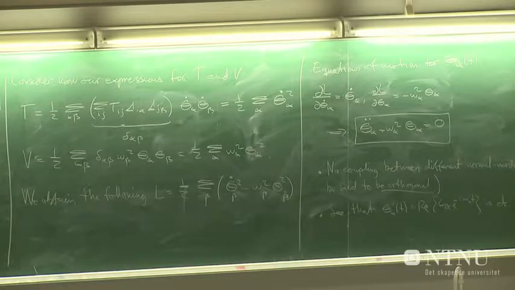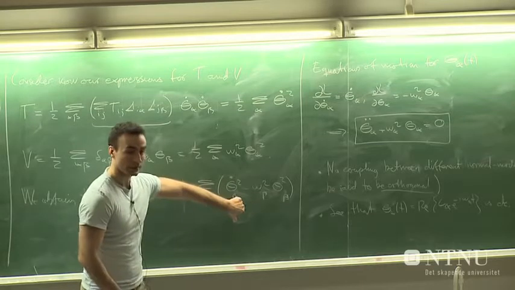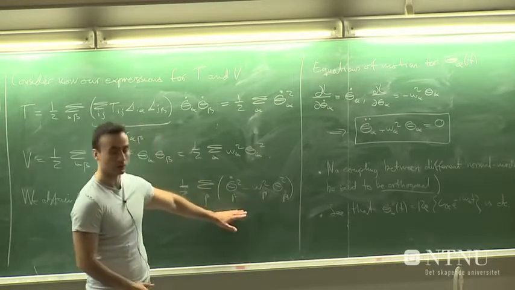And we'll have a look at an example of this in a little while. So in some cases, it might be a bit tricky to find this transformation from the original generalized coordinates to a set of normal coordinates which allow us to find the simple form of the Lagrangian.